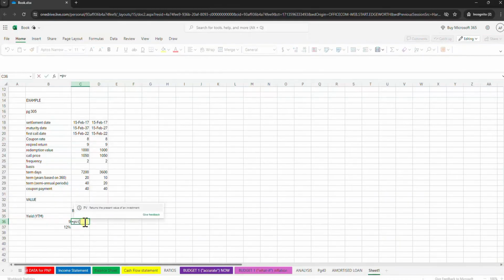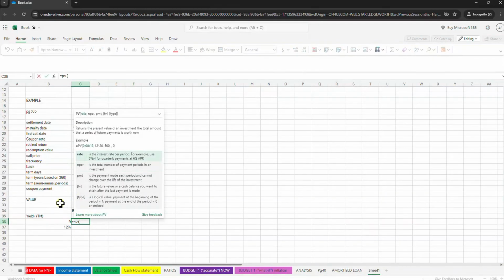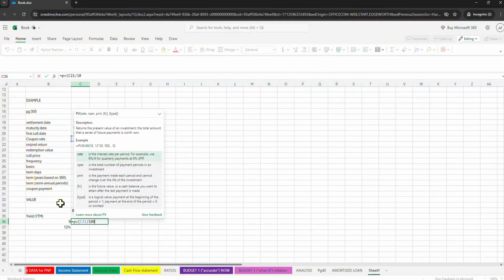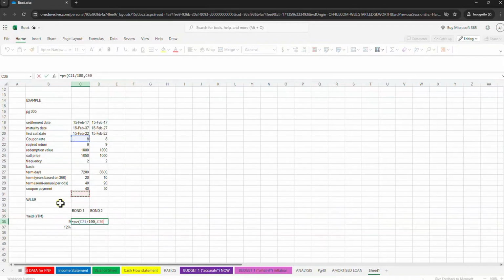So PV, open brackets, the rate that I want to use is 8%, 8 divided by 100, comma. My number of periods was semi-annual periods, so 40 periods. All right, my coupon payment was 40.